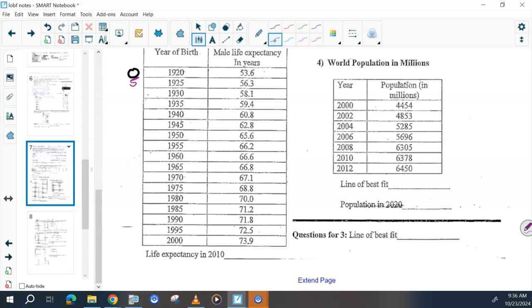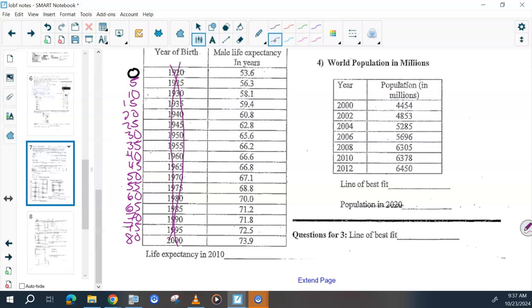So 1920 to 1930, 10. Now in this case, I can see that these are each counting by 5, so I can just count by 5. But in general, don't assume that. Always double check and count how many years has it been from each, because it could not follow that pattern. 15, 20, 25, 30, 35, 40, 45, 50, 55, 60, 65, 70, 75, 80.